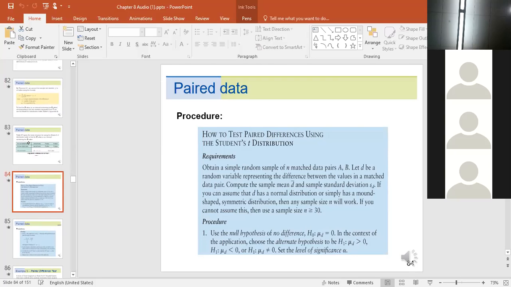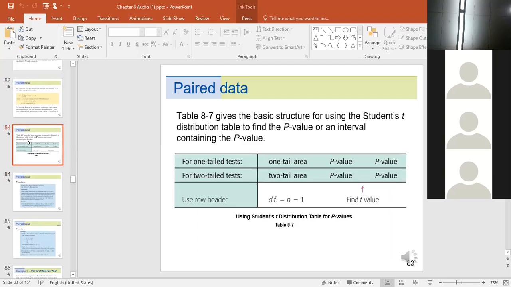So the test for difference also has 3 types: left, right. So if I say, let's say D equals B minus A, then mu D will be mu B minus mu A. So when I say mu D is equal to 0, it means they are the same.